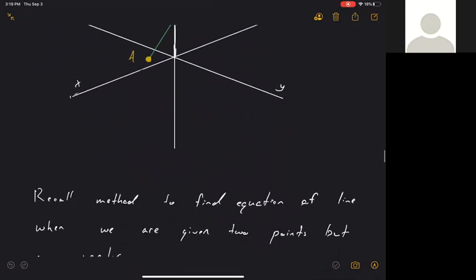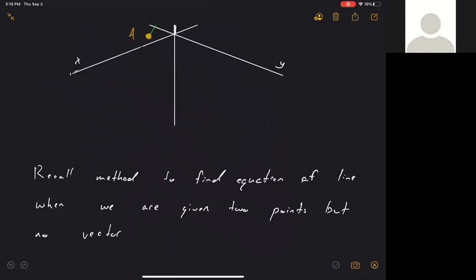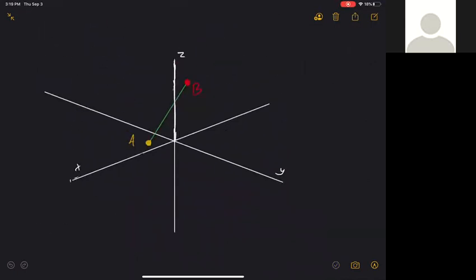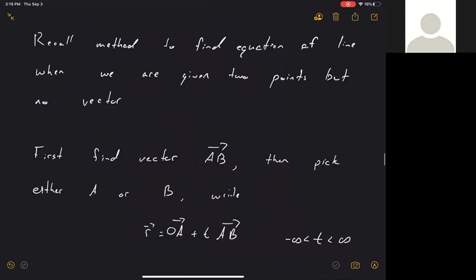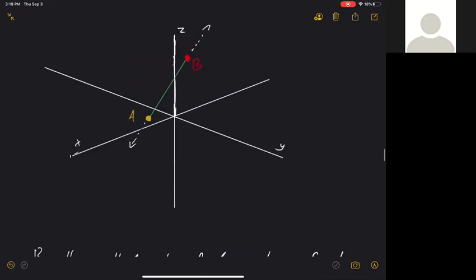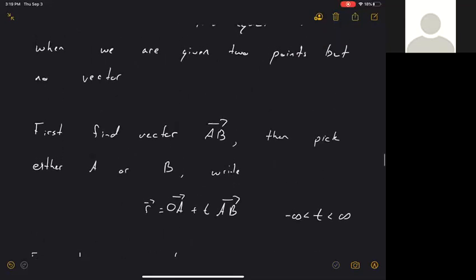The process is pretty much the exact same as writing the equation of a line. Imagine this was a line that kept going in both directions. We know 2 points on the line. How would you write that equation? First, you find that parallel vector, and we could use AB. So first you find AB. And then you pick a starting point.